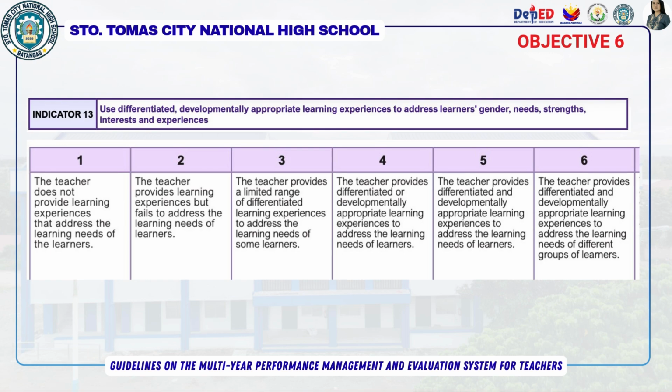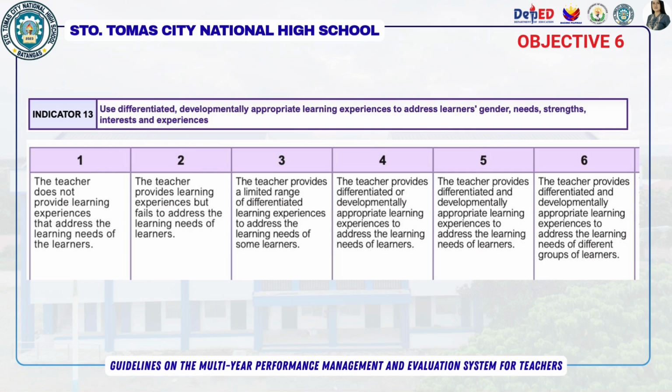Objective 6 is perhaps one of the most critical in the PPST: differentiated and developmentally appropriate learning experiences. Differentiation means modifying instruction to meet the gender, needs, strengths, interests, and experiences of your diverse learners. Avoid level 1, which provides no experiences that address needs.